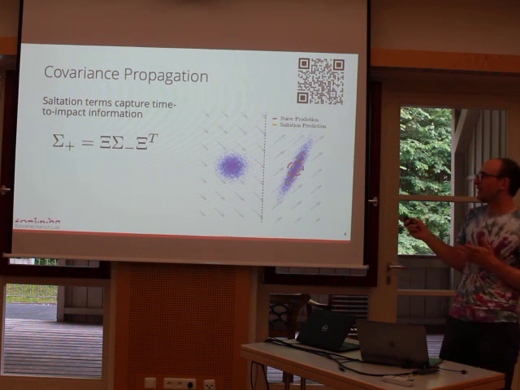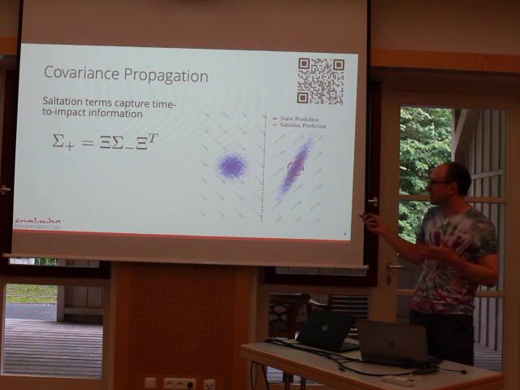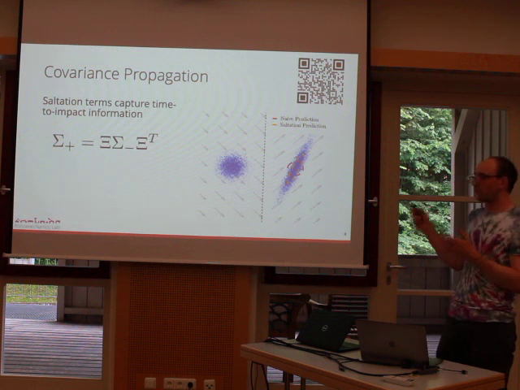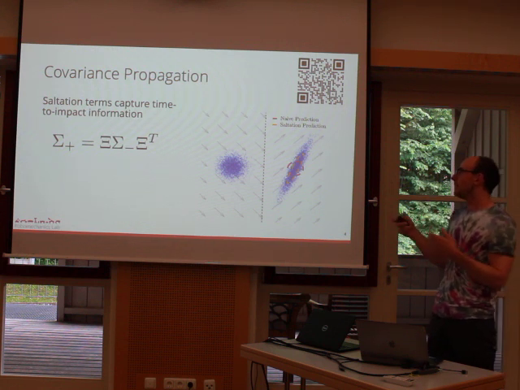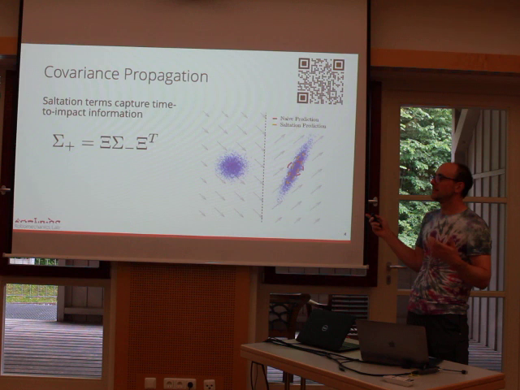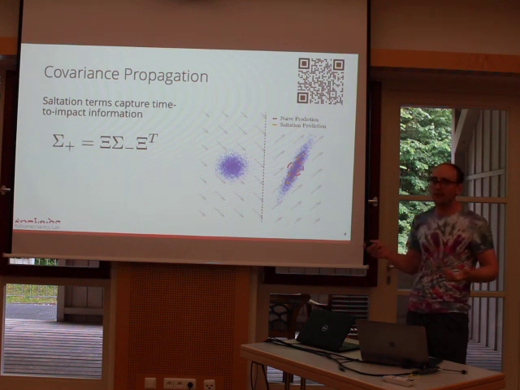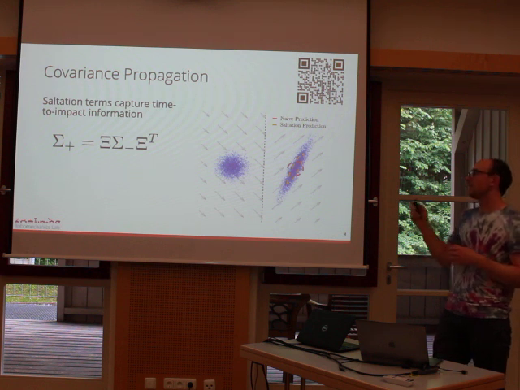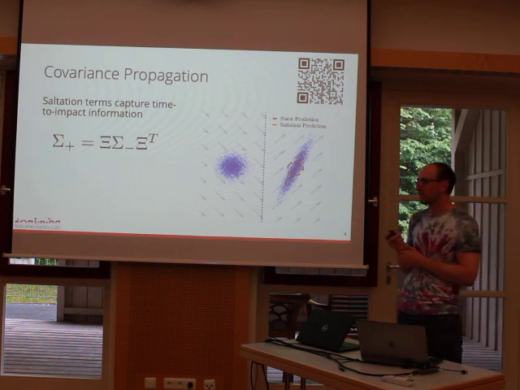But for what we care about, you can use the saltation matrix in updating covariances through these hybrid events. Here we can look at it as the analog to the A matrix, like linearized dynamics in a continuous domain, for the instant you're going through a hybrid transition.